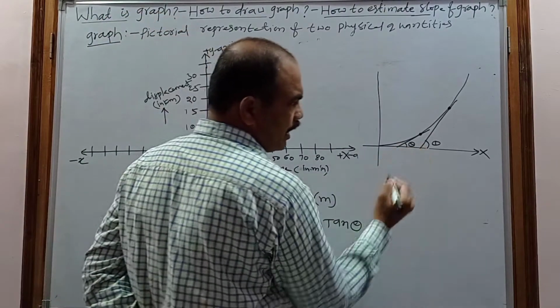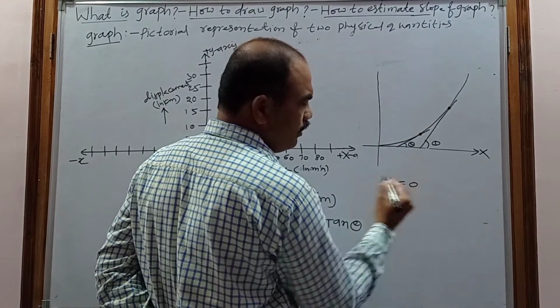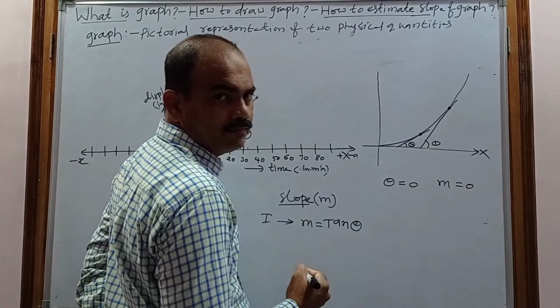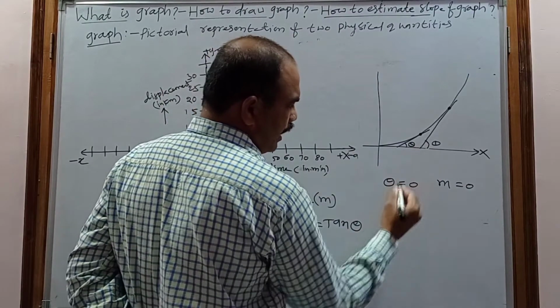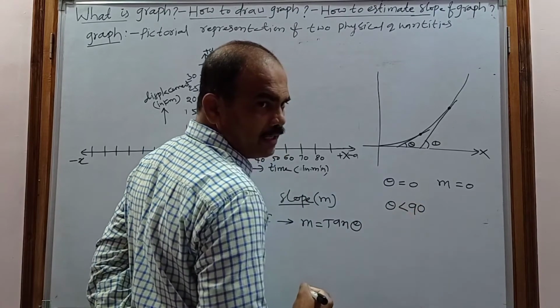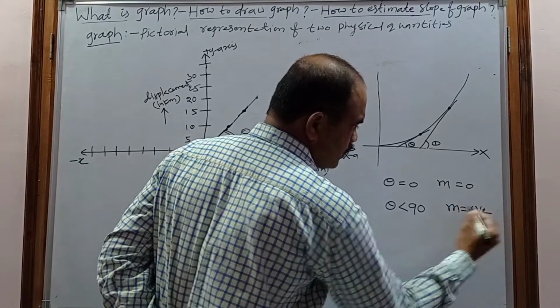If the angle made by this tangent is equal to 0, then the slope of the graph is 0. If this angle is less than 90 degrees, an acute angle, then the slope of the graph is positive.